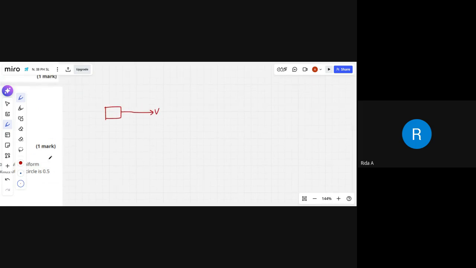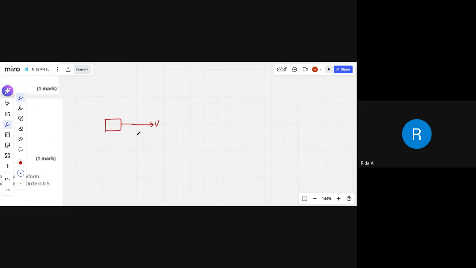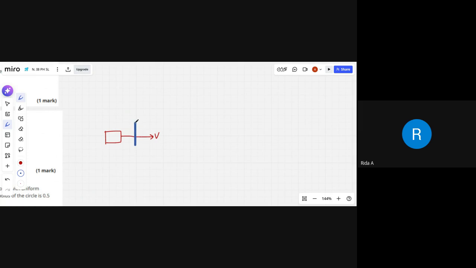Now, if you apply a force that is perpendicular to this velocity, let's say this is the force F, then you're going to change the direction of motion, right? Instead of going like that, it's going to move a little bit in this direction now.